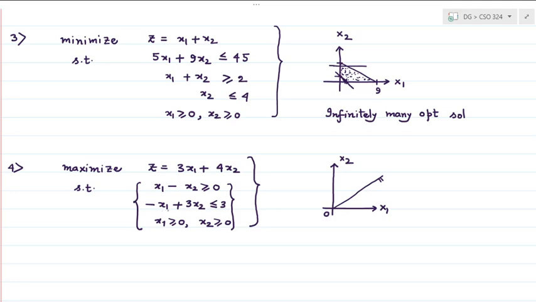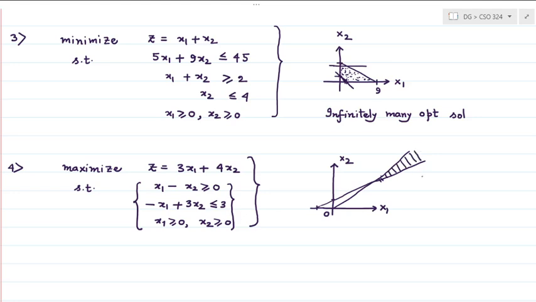And for minus x1 plus 3x2 less than or equal to 3, here on the negative side is your 3 unit, and here is your 1. Then the feasible region is this line, it will intersect somewhere here, and then go away, and with x1 equals x2, the feasible region is this region.